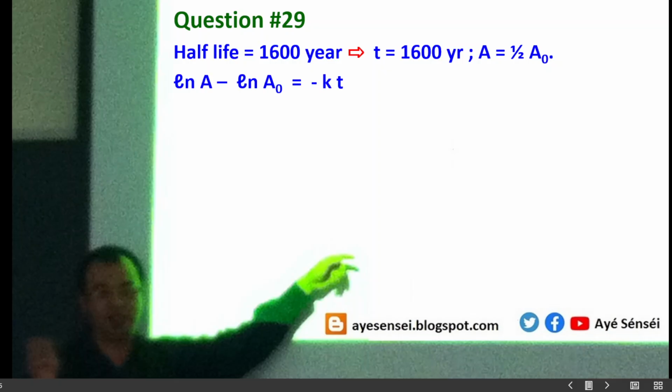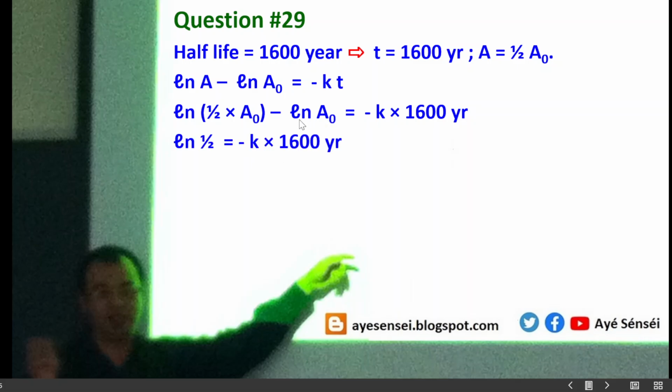So by using the correlation and replacing the value of A with half of A0, we can get this, and then by applying the logarithmic identity, multiplication becomes addition, which means that ln half times A0 becomes ln half plus ln A0, and then subtract ln A0, so they will cancel out each other.